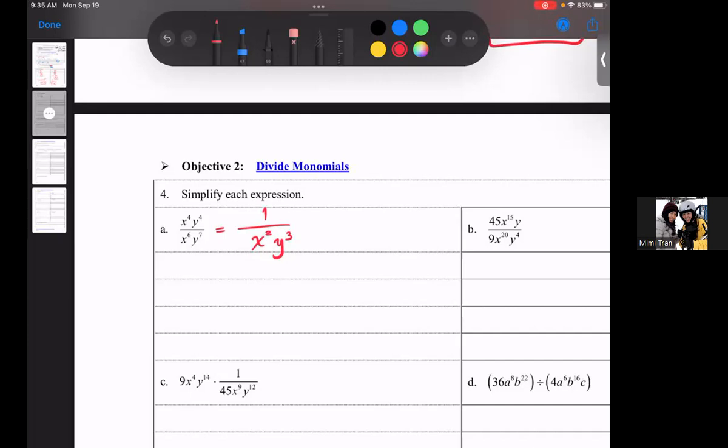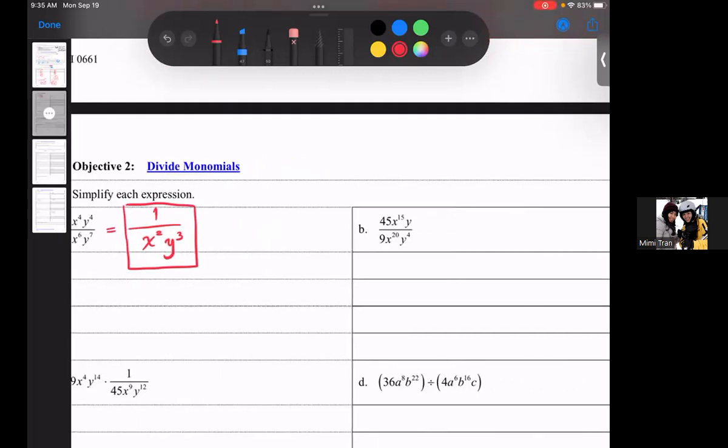Should I write more or are you okay with this? I know you're okay now, but once you come back home, you look at it like, how did she come to that? B. Again, one thing at a time. On the exam, say somebody got 45 divided by 9 correct, but got the rest wrong. I still give you a point.